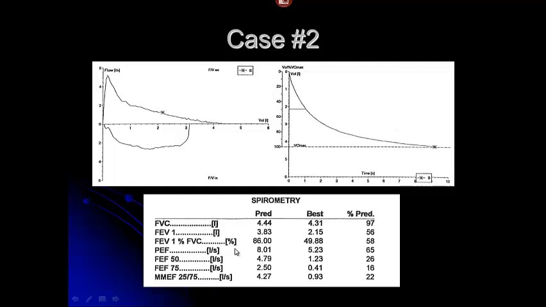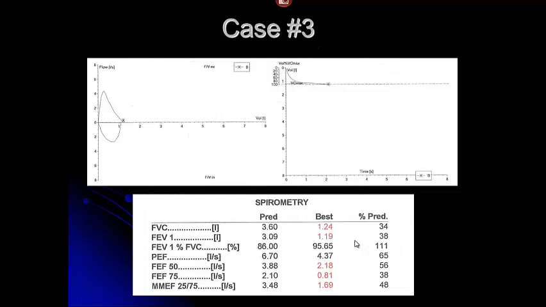And the ratio is also decreased. So it's in disproportion to inspiration. So you have here the best example of obstructive pulmonary disease. And if we need to pick a disease process, for example, asthma, COPD, chronic bronchitis, cystic fibrosis, etc.